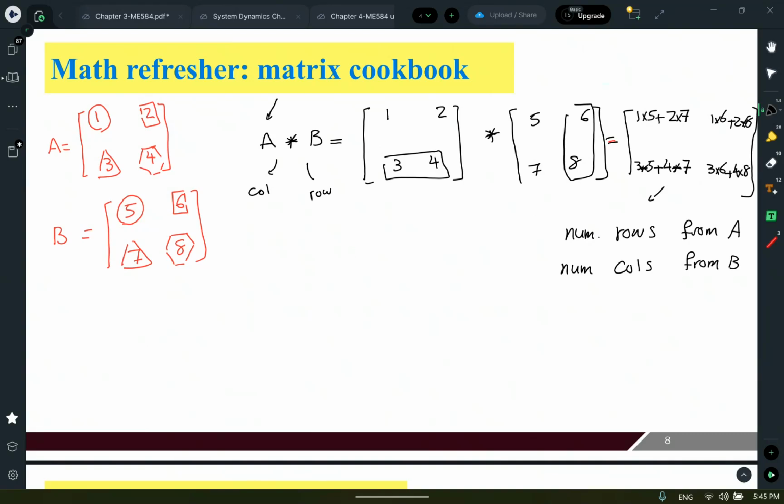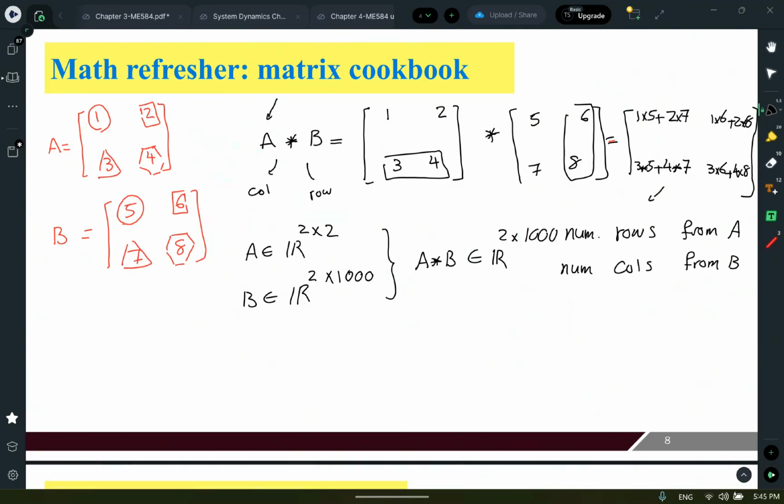So the resultant matrix has the number of rows from A and the number of columns from B. For instance, if in this example A was a 2 by 2 and B was a 2 by 1,000, then A multiplied by B would be 2 by 1,000.